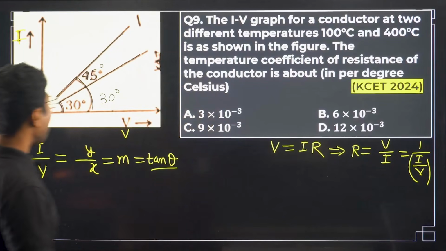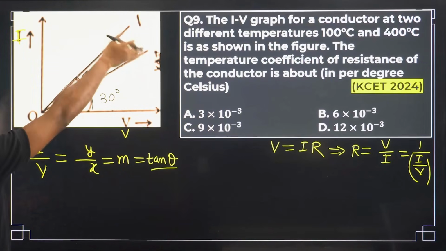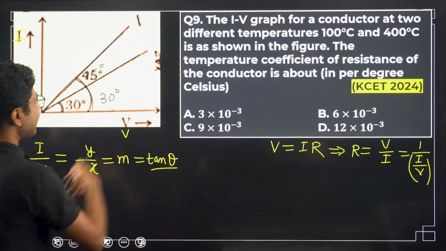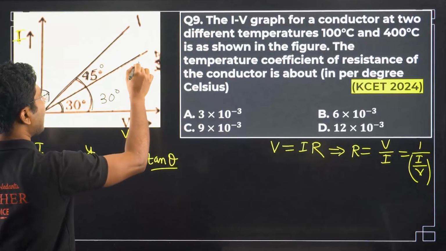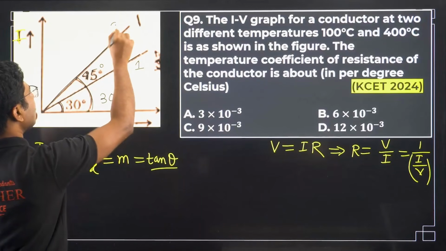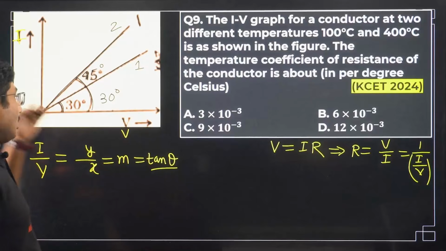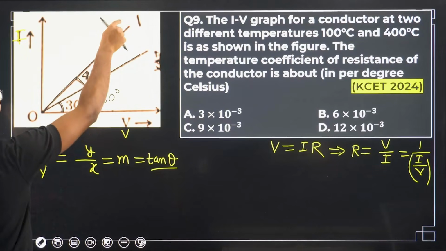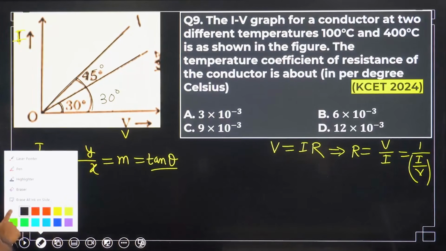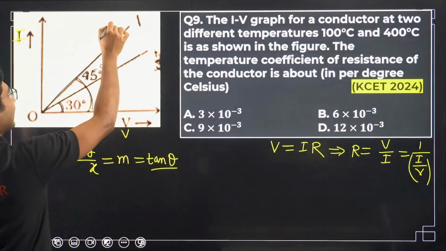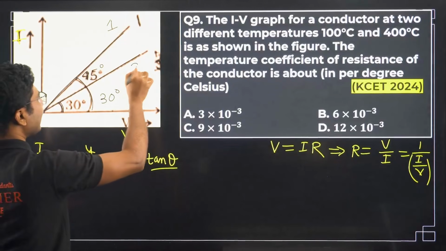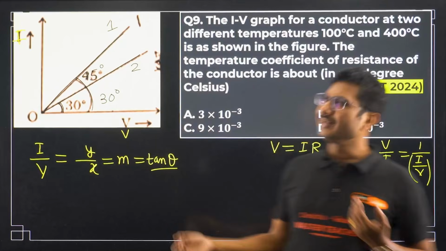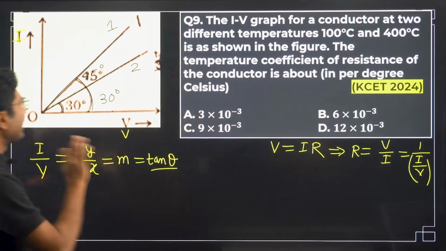Now what we have to do is identify the resistances for individual cases. Suppose this one, the 30 degree one, is 1 and the 45 degree one is 2. Actually, I am doing a little bit of cheating over here, so let me name 45 degree as 1 and 30 degree as 2. It does not matter, you can name anything, but just for a little simplification I am using this, as I know the answer.